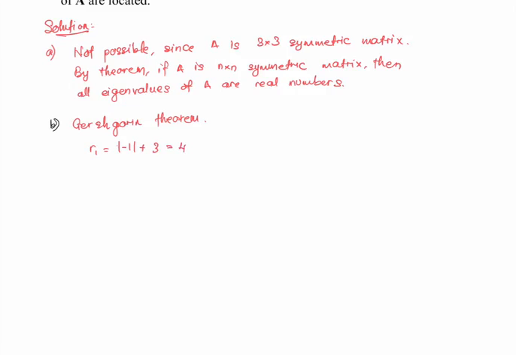And for this row, the disc is |z - 5| less than or equal to 4. So from this one, we have that our center is 5 and our radius is 4.